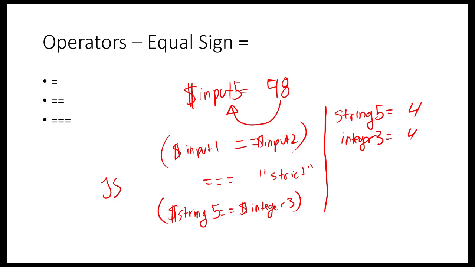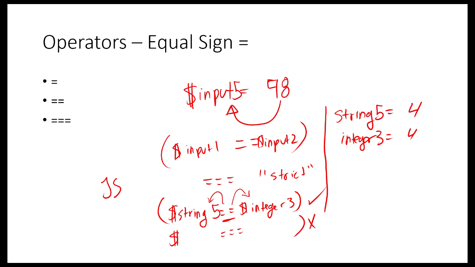This will pass because the data is the same. And so a computer, when it sees these two equal signs, even though this is a string and this is an integer, and we can't add them, it'll try to convert the data so that it can do a proper comparison. When we put three equal signs, the computer is going to fail this.